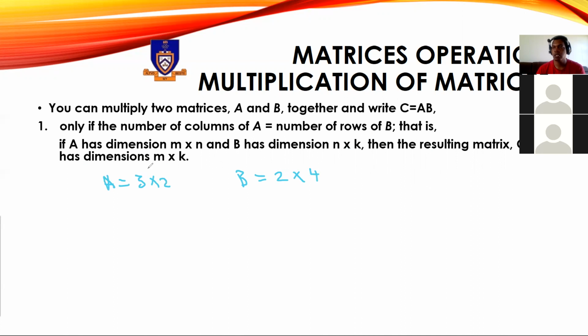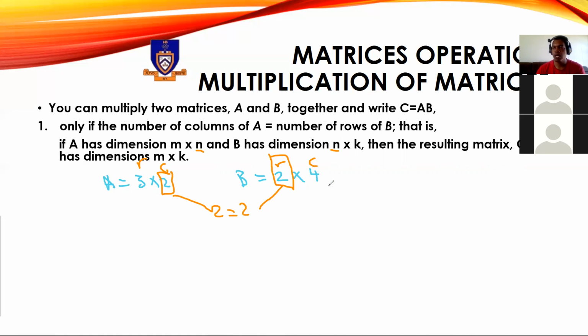We notice that the column of A, which is 2, this is your column, this is your row, is equal to the row of B. Since these are 2 and 2, they are equal, then the n over here is equal to the n over there. That's why the n's are the same.